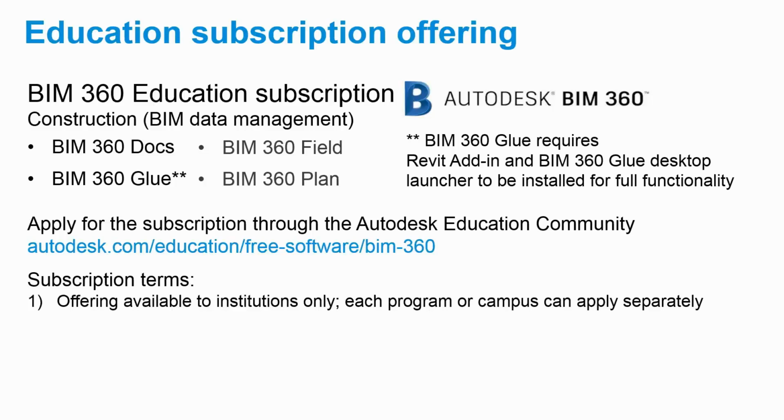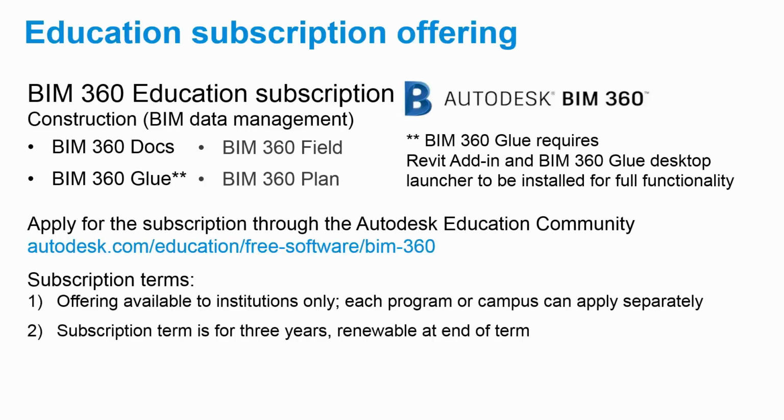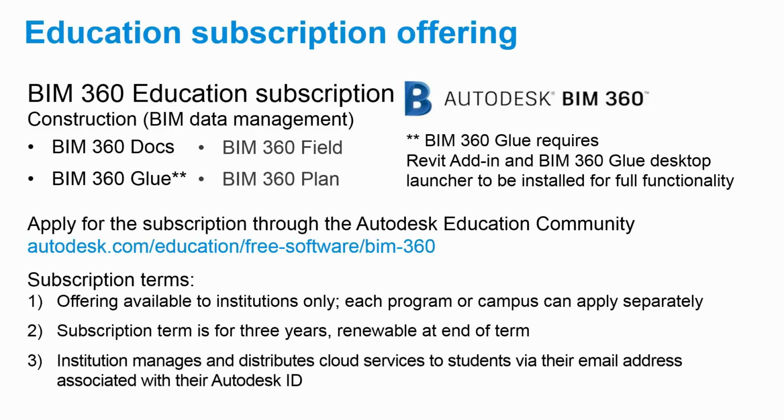We can work with you on that as well. The subscription term is for 3 years, and it should be renewable at the end of term. And just to be clear, once Autodesk provides access to these BIM 360 services, it's the responsibility of the institution to manage and distribute these cloud services to students via their email address associated with their Autodesk ID.